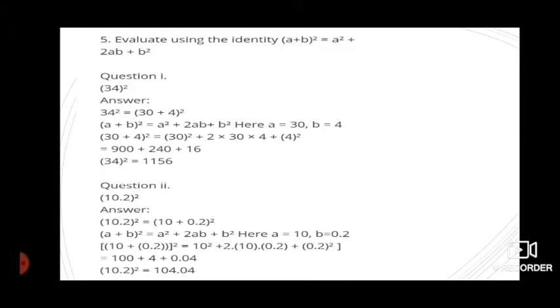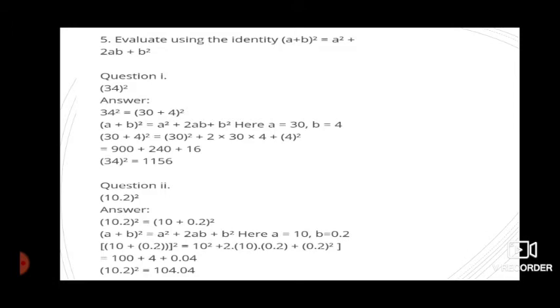So how are we going to write that? 34 means (30 plus 4) whole square. 30 plus 4 means (a plus b) whole square. That's what we have to use. Now here a is 30, b is 4. Now apply the formula.